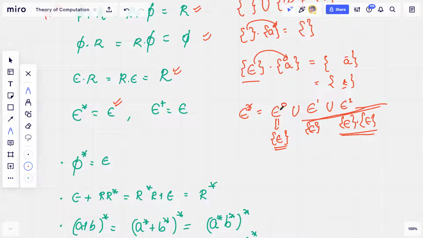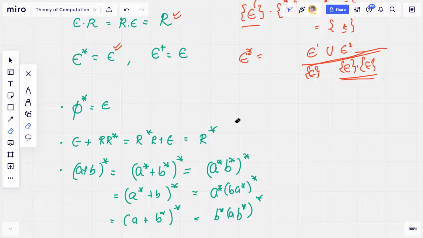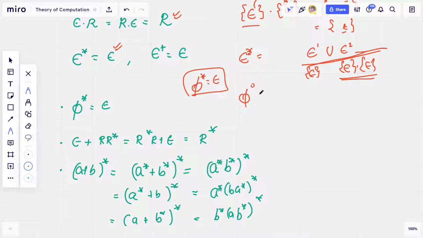On the same grounds, we won't have just this term, right? We'll actually start with epsilon power 1. It's fine, right? It still will be epsilon. We're not getting anything more than that. This is interesting. Again, phi star is epsilon. So here's how you think about it. Instead of star, you can put anything. So it's phi power 0 union phi power 1. I don't care.